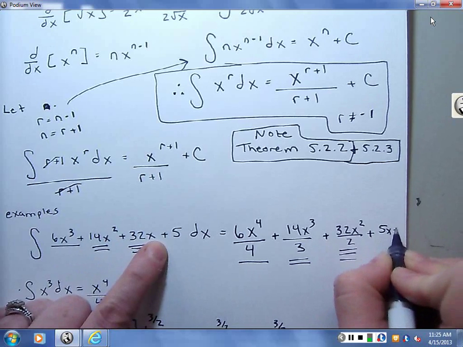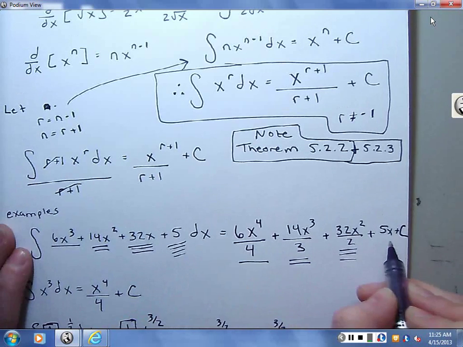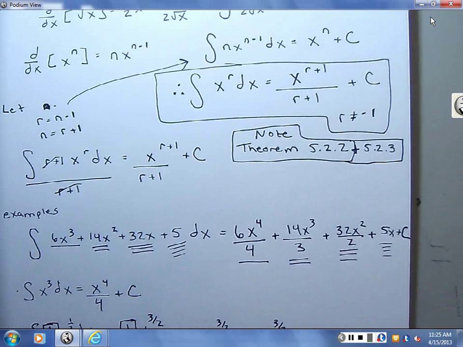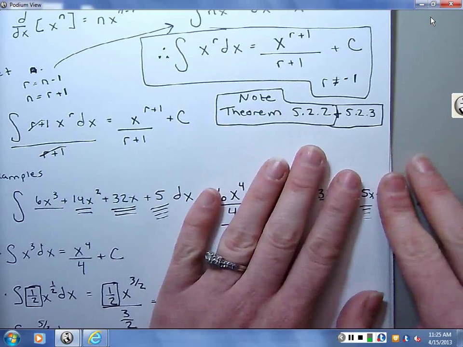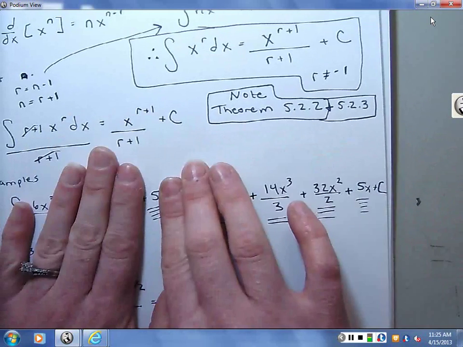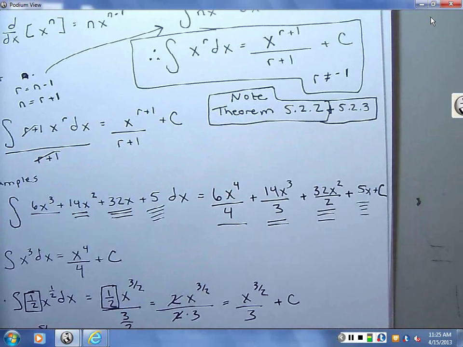And then, of course, we have this plus c here. What is the derivative of 5x? 5. So the integral of 5 is 5x. The integral of a constant is constant times x.